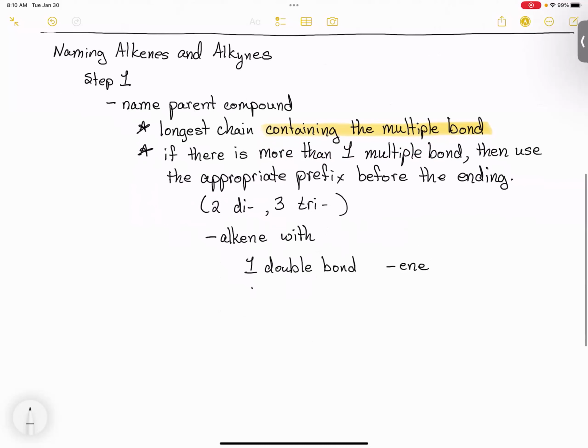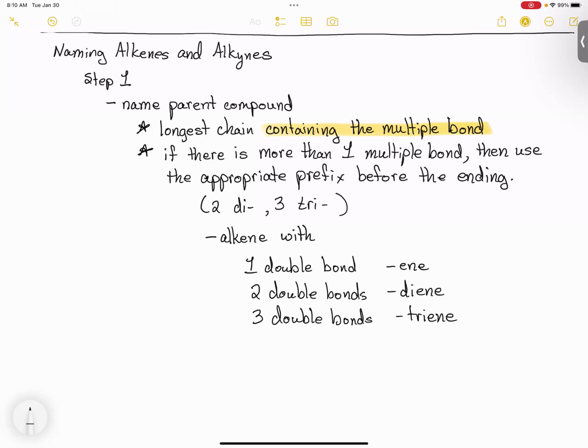If it's got two double bonds, it's going to have the ending diene, because I'm telling you there are two double bonds. Three double bonds would be triene, and so on and so forth.